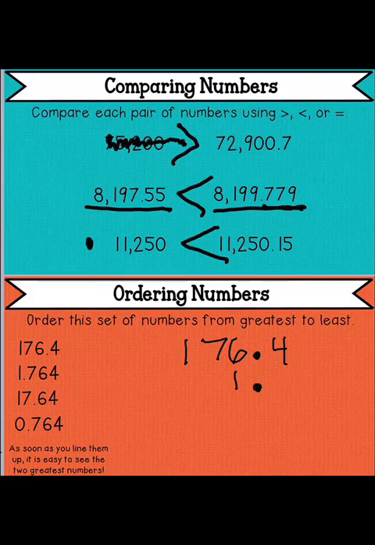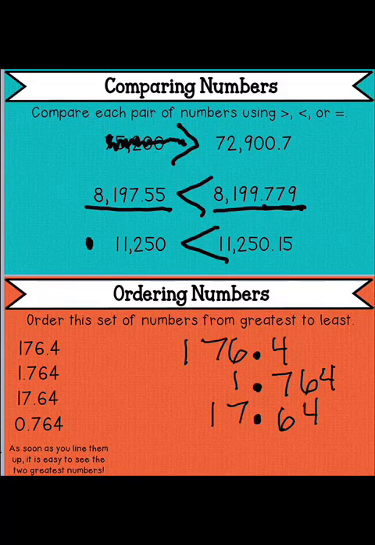On this side, I have 1. On this side, I have 7, 6, 4. Next number, line up the decimal. I have 7, 1, 6, 4. Last number, put my decimal. There's a 0, 7, 6, 4. All right.